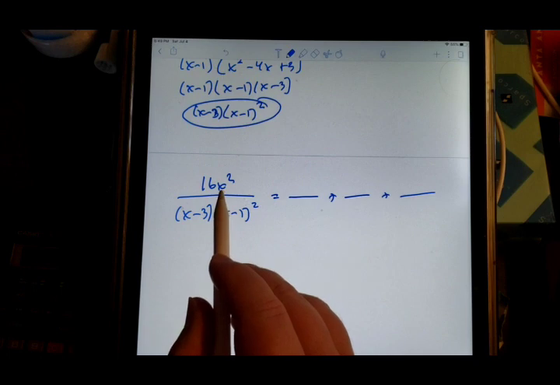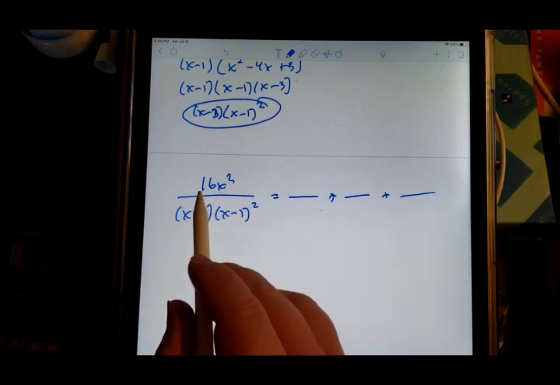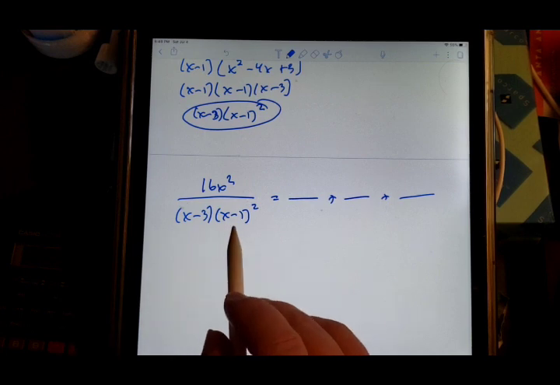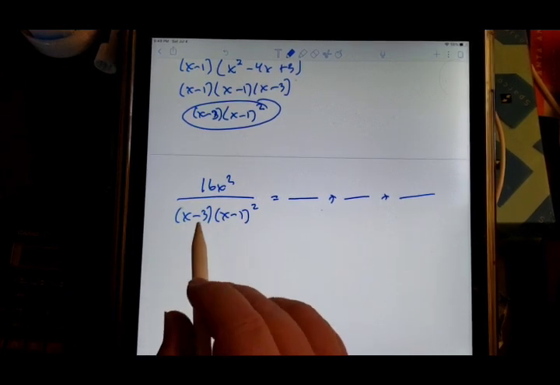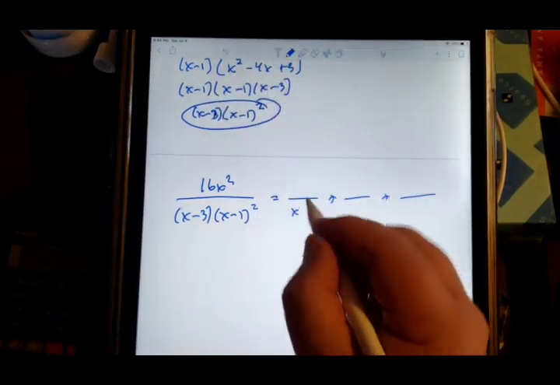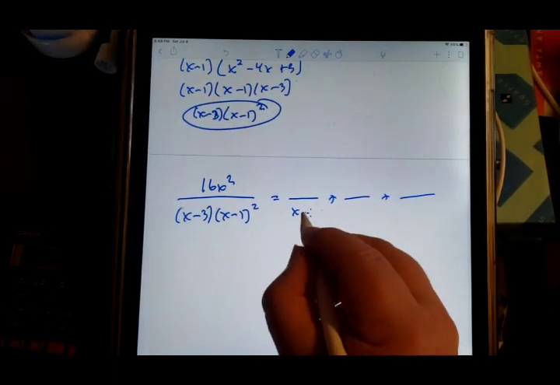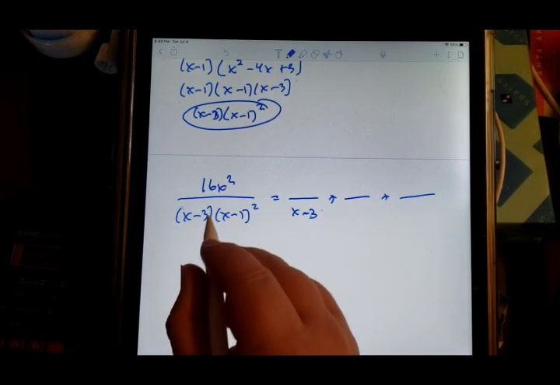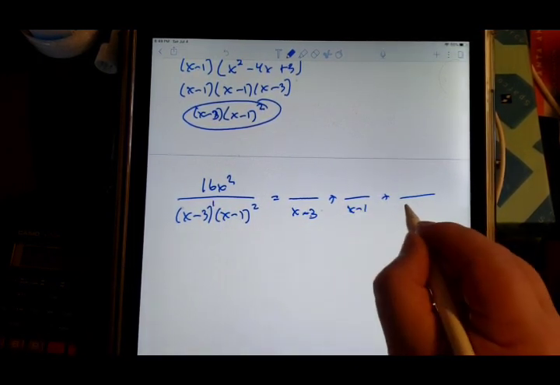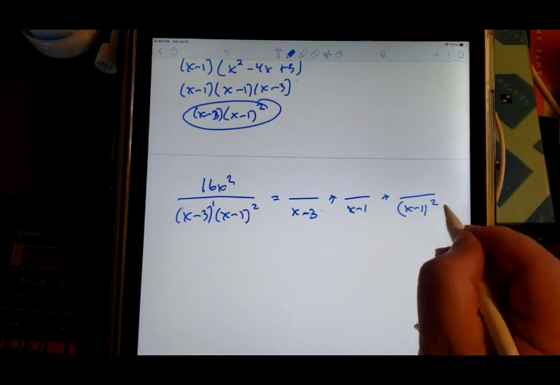So rewriting the original fraction, it was 16x squared over, now it's factored. So I'm going to take this first factor, x minus 3, and I'm only going to write it once because it's to the 1, x minus 1 and x minus 1 squared.